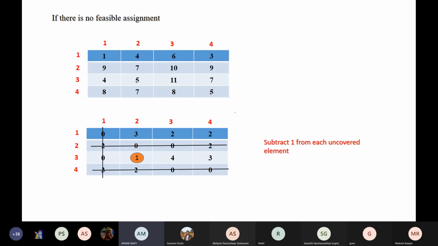And we have to add that element to any element which is covered by both a vertical and a horizontal line. Then we have to check whether we get feasibility or not, and repeat the same process. Right. So can you do it and see what is happening?